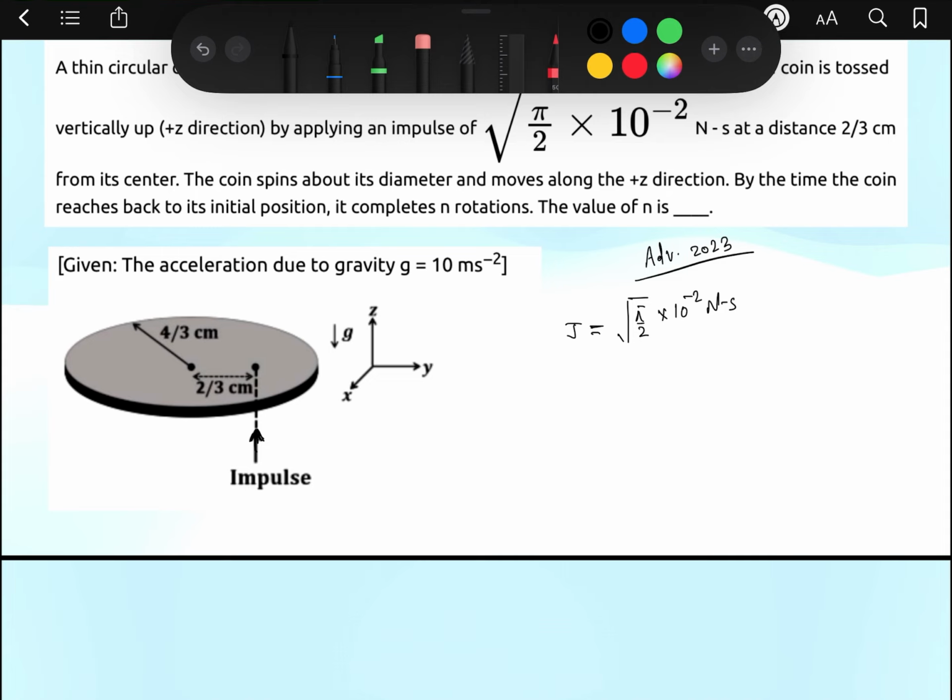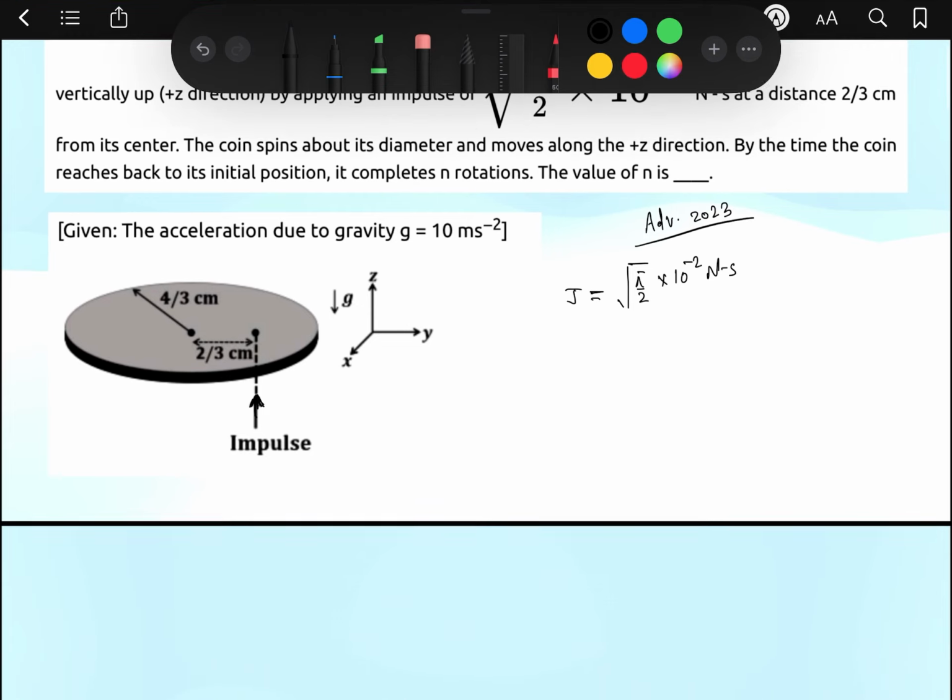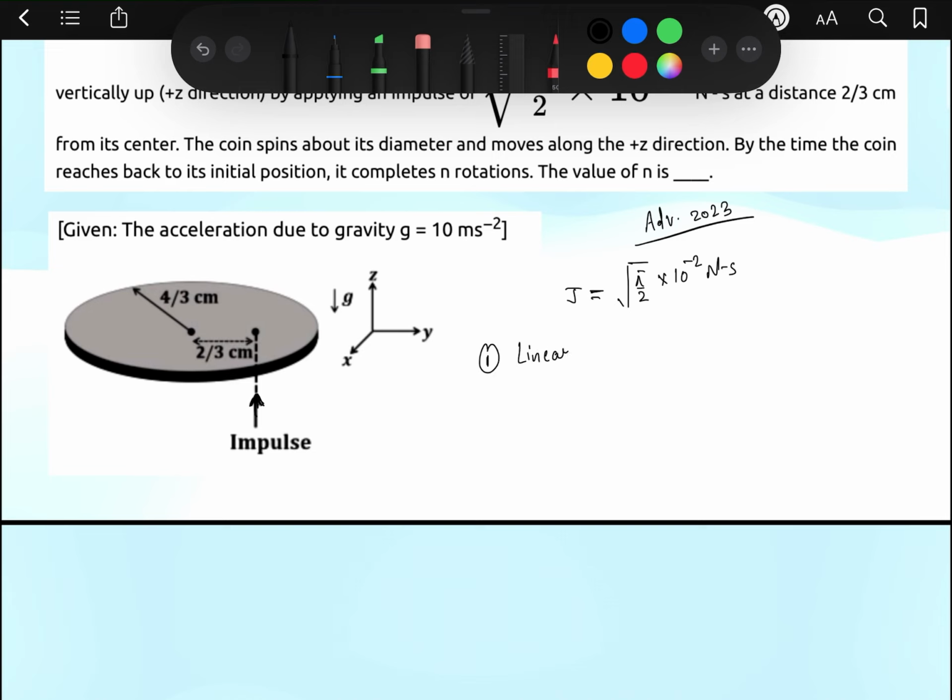So when this impulse we are applying at this point, on this coin will be doing two type of motions. One will be the linear motion in the vertical direction, right?